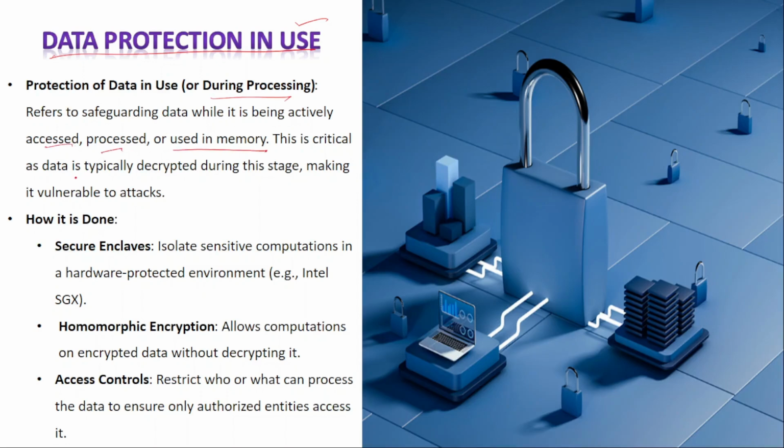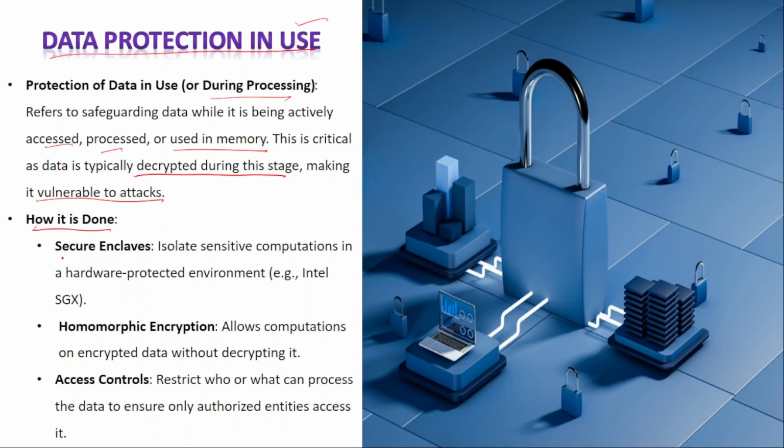This is critical as data is typically decrypted during this stage, making it vulnerable to attacks. So the data can even be exfiltrated, or it can be compromised during usage when it is decrypted for application usage or for access by a certain device.